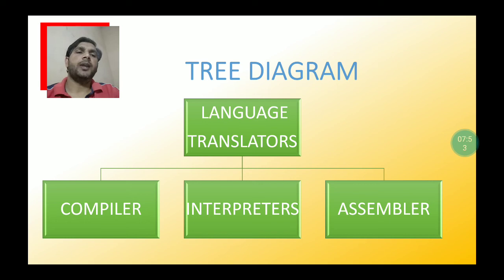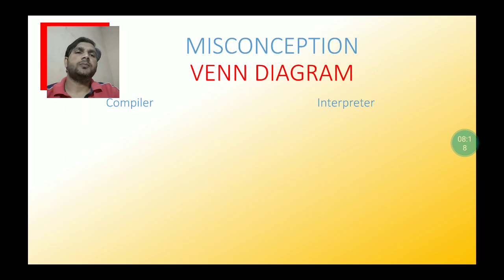But can you find out the differences between interpreter and compiler? Because both convert high level programs into machine language. So what can be the difference? Can you understand the difference? Can you differentiate between compiler and interpreter completely? Do you know? So if you don't know, then I will tell you in this diagram.